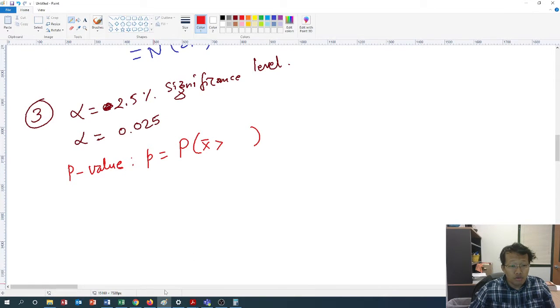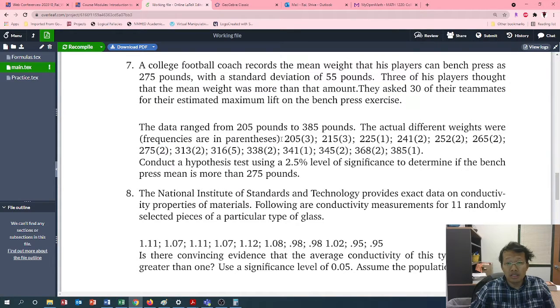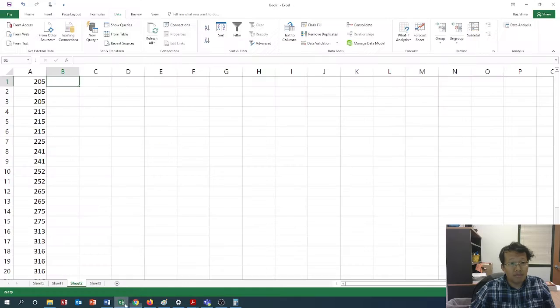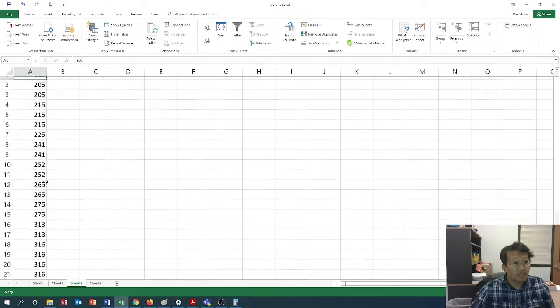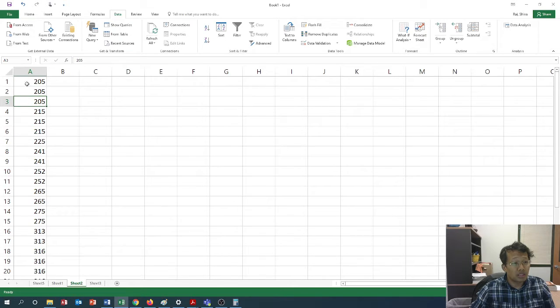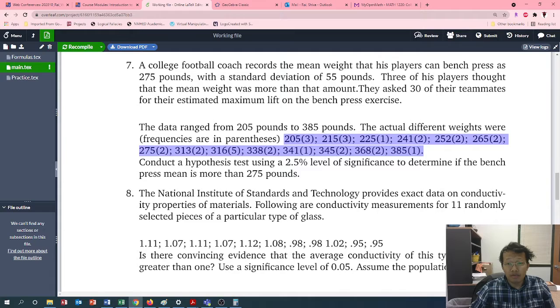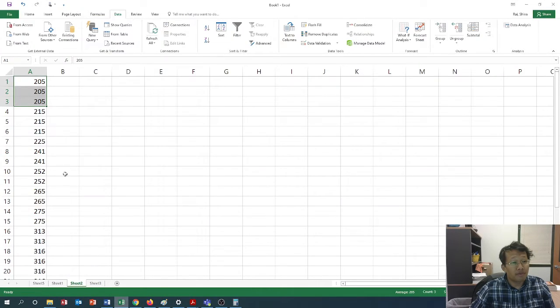So we know that this is the data that we need to work with. These are the 30 data points, and here in Microsoft Excel I have already populated all the data. So 205, 3 of them, 215, 3 players, 225, 1 player, and so on.